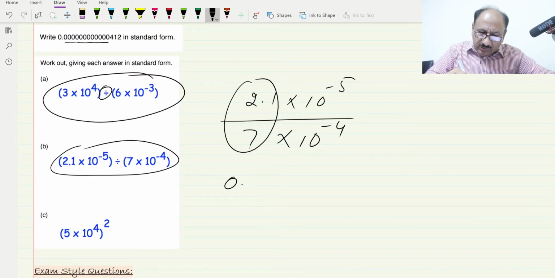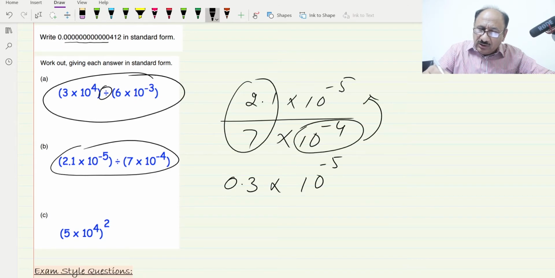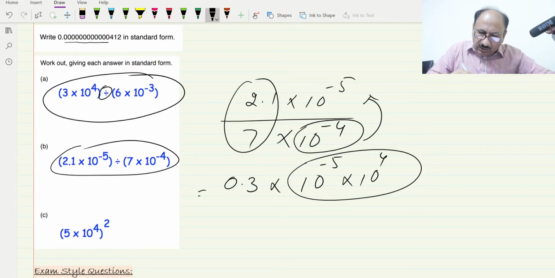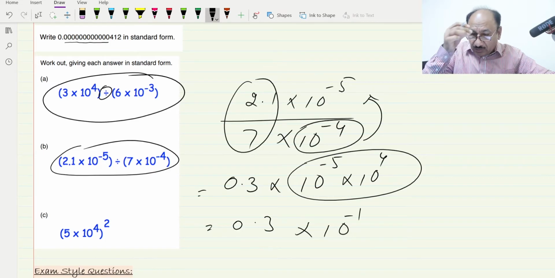So we can write 0.3 into 10 raised to the minus 5, and when we shift this to the numerator, it changes to 10 raised to the power plus 4. After solving these two, we can write 0.3 into 10 raised to the minus 1. We don't require the decimal over here.